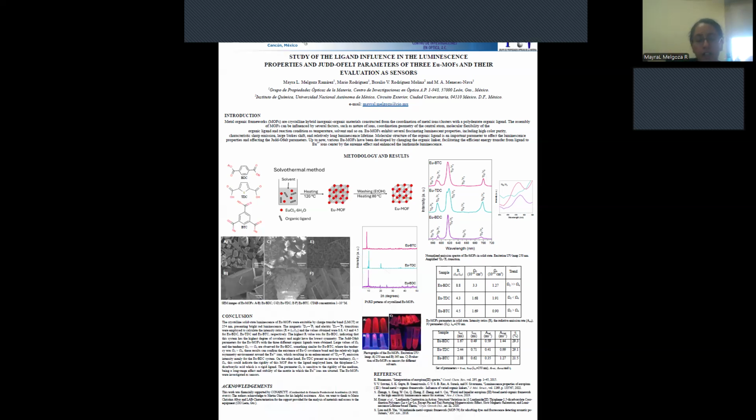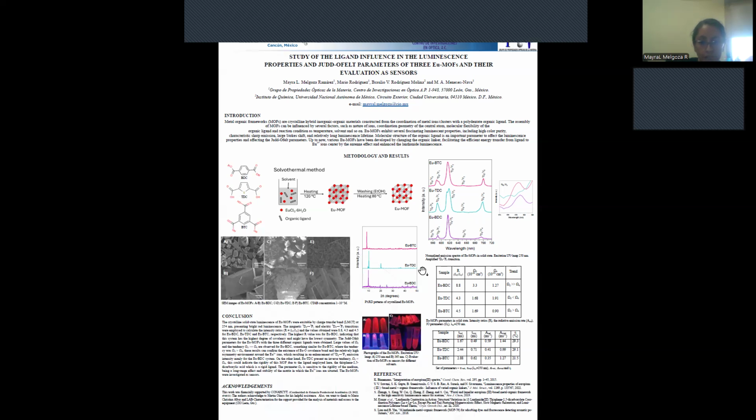This could indicate that the europium and the oxygen in the ligand are bonded covalently, and the high intensity of these transitions could also indicate that the europium ion is in a site with asymmetry, a highly asymmetric environment.